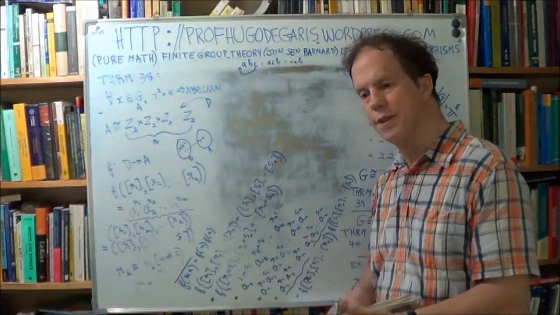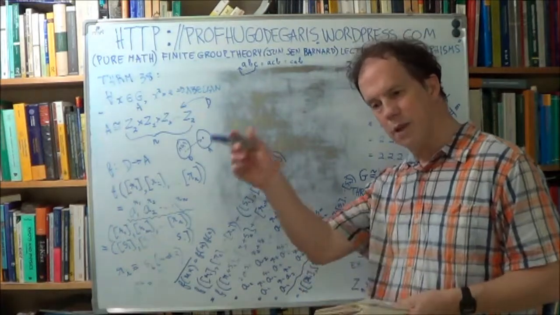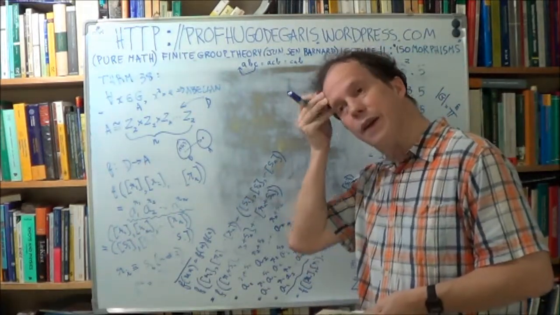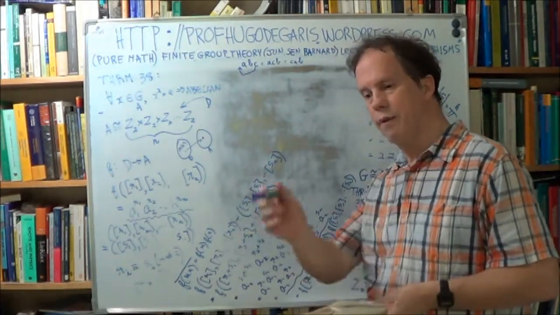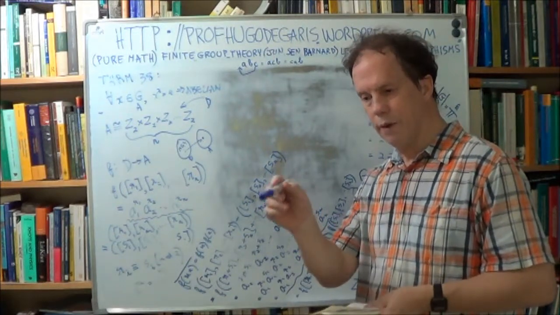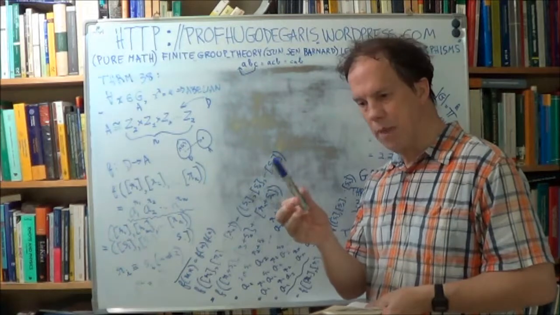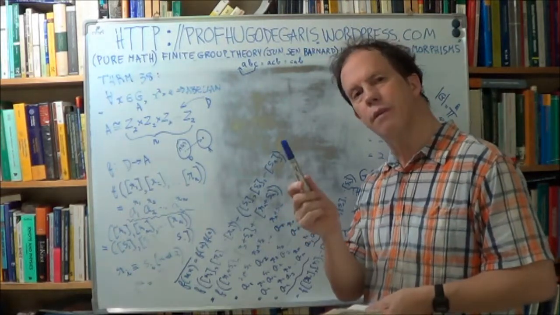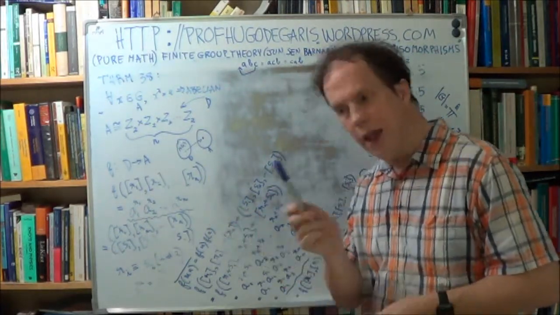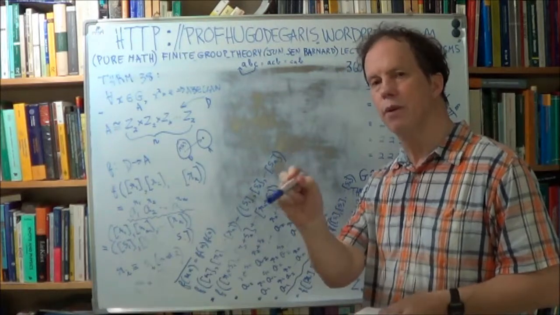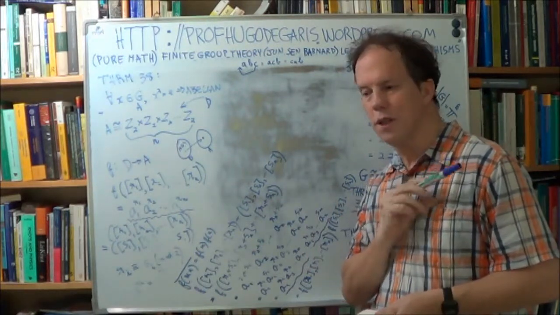Okay? Now you may ask the question, and we'll come back to it a bit later. If you have a group of a given order, then how many different, meaning non-isomorphic, groups have that order? Now that's an interesting question.